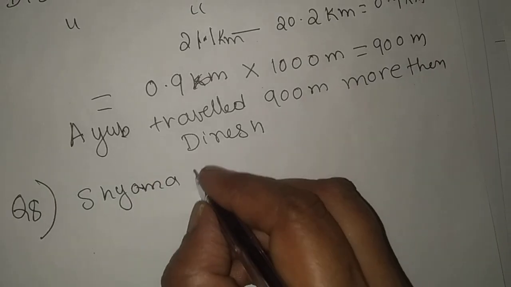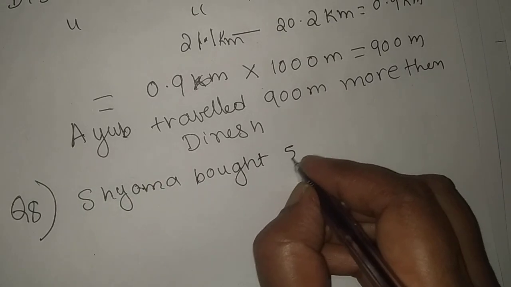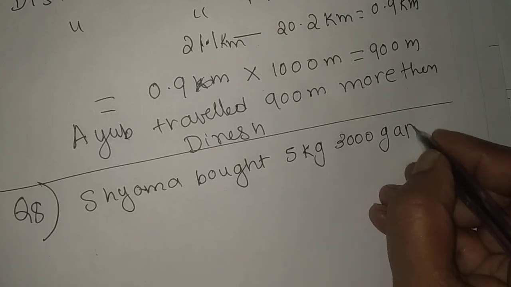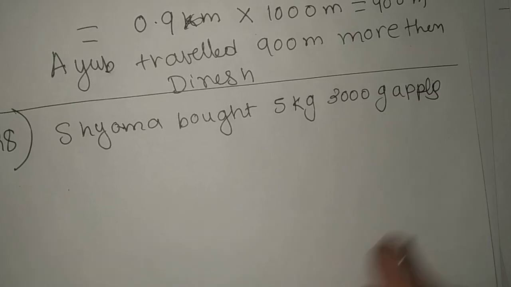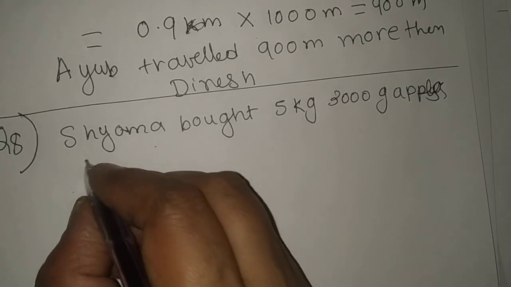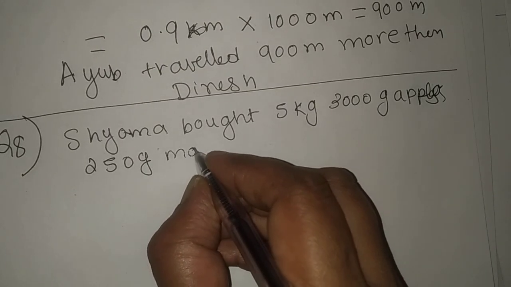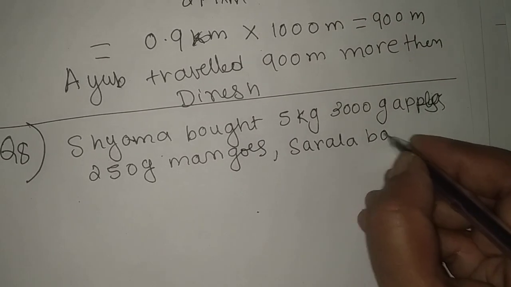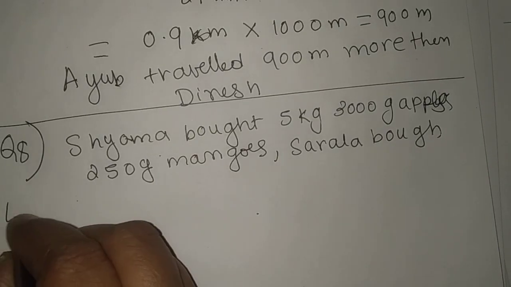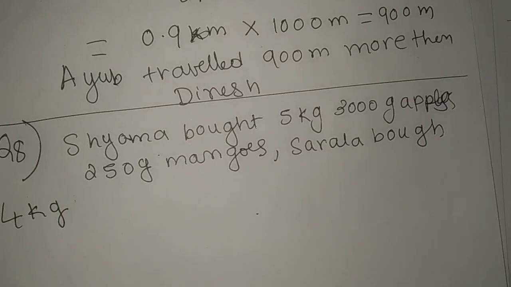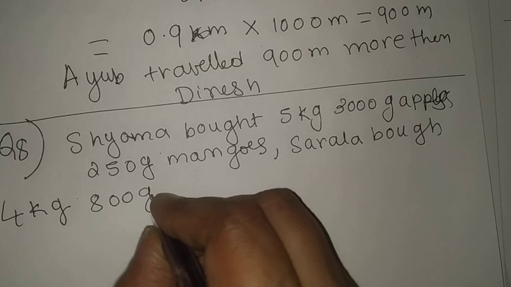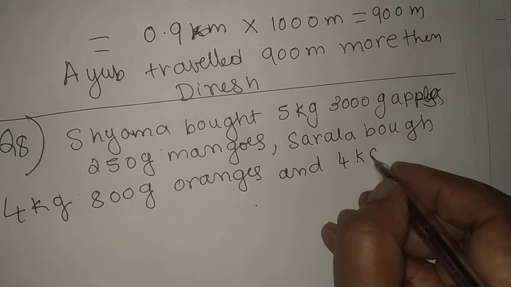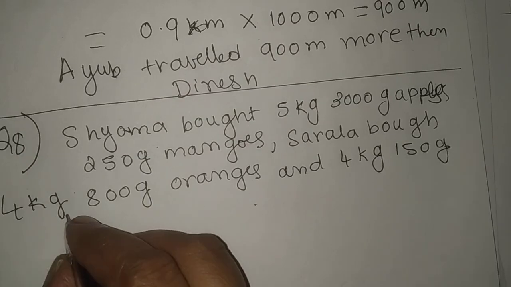Shama bought 5 kg 300 grams apples and 3 kg 250 grams mangoes, and one more person, Sarala, bought 4 kg 800 grams oranges and 4 kg 150 grams bananas.